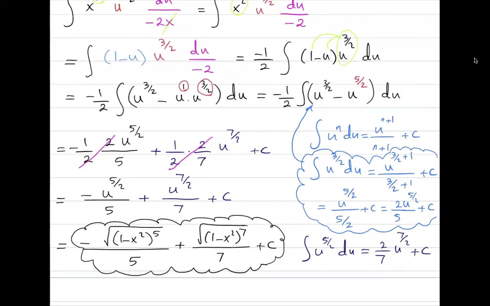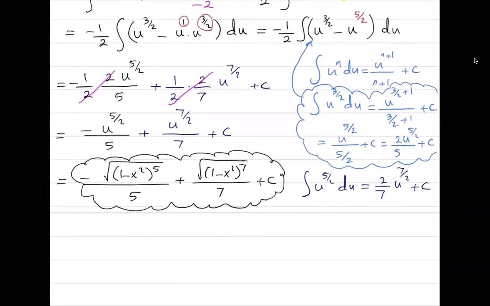And again, remember that if you have u to power 5 over 2, by definition it is the square root of u to power 5. Or if you have u to power m over n, it is the nth root of u to power m, from algebra.